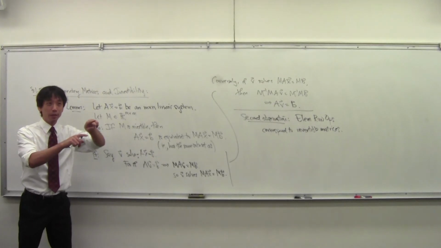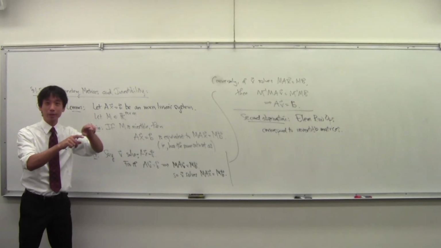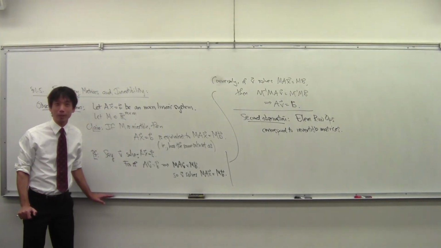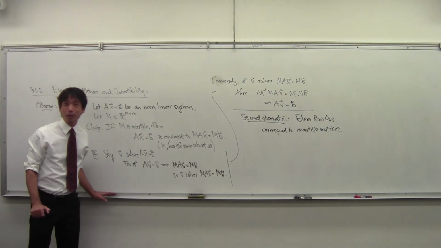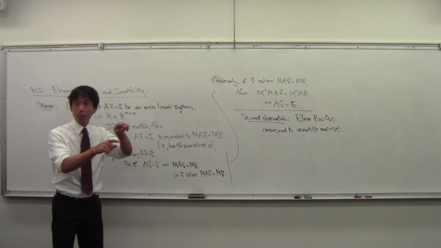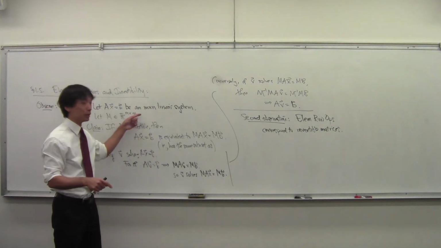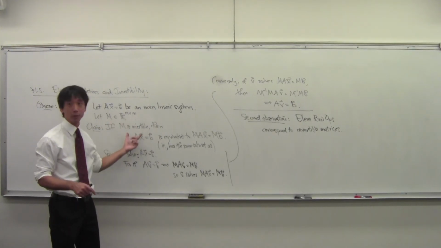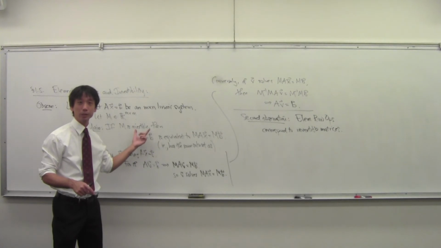We said earlier that if you do an elementary row operation, you don't change the solution set. And here we're saying if you multiply by an invertible matrix, you don't change the solution set.